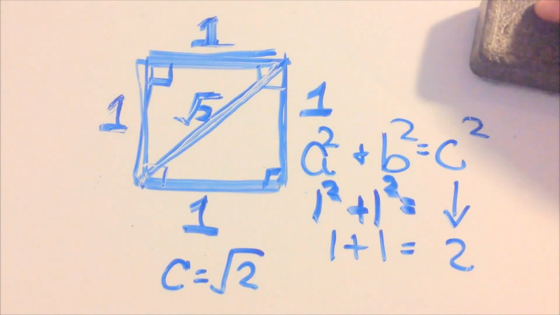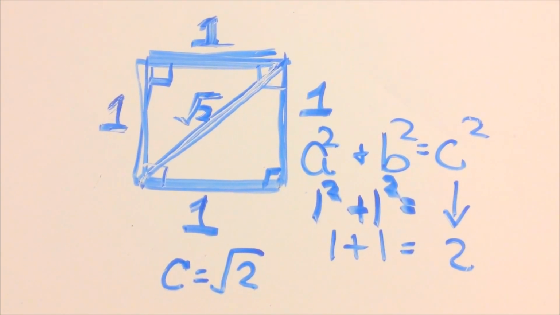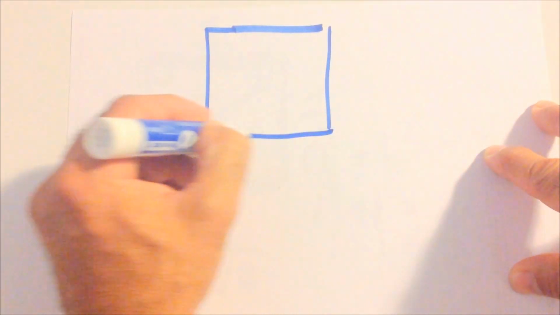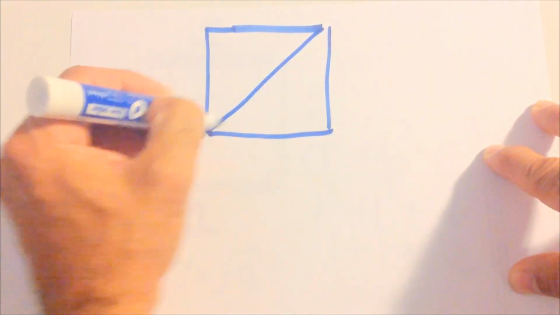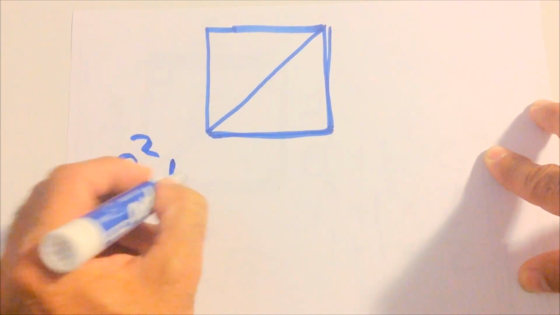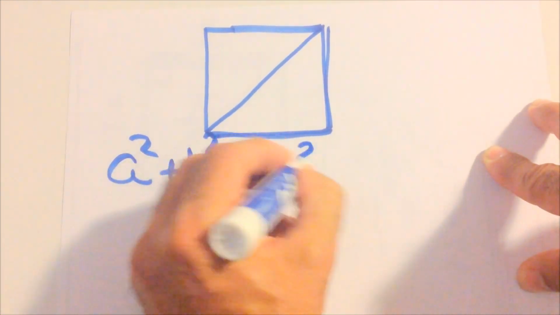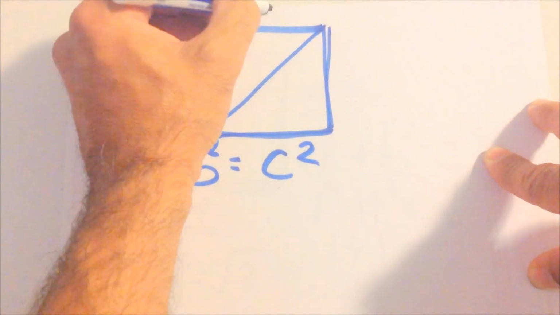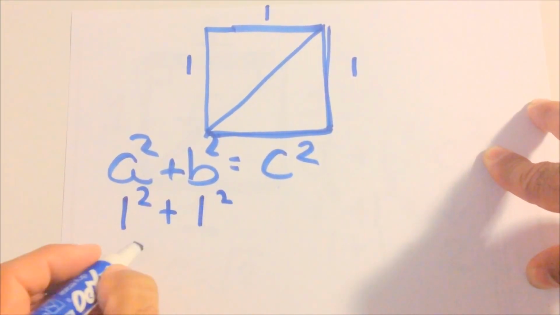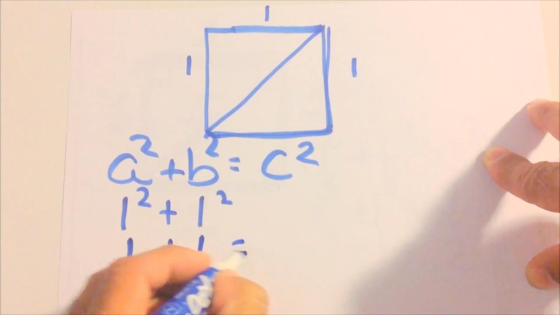So let me just draw this again. Here we have a square, a unit square. And we want to find the diagonal. We can do it with the Pythagorean theorem. a squared plus b squared equals c squared. And if it's a unit square, it's 1 on each side, so that's 1 squared plus 1 squared, and we know 1 squared is 1, and 1 plus 1 equals 2.